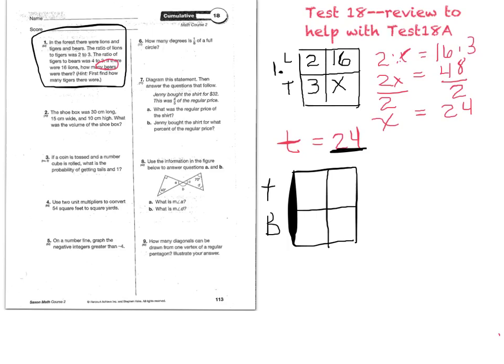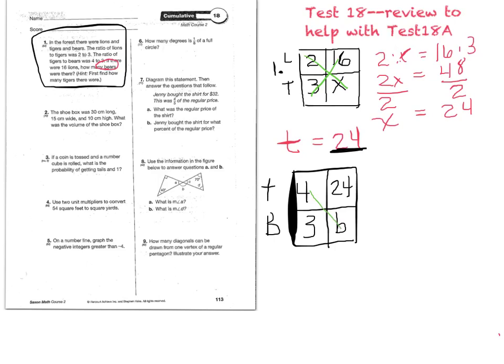It's 4 to 3. Tigers being 24. Bears, we do not know what the bears are. So, again, remember up here, we did this kind of cool cross product thing. We're going to do the same thing here.